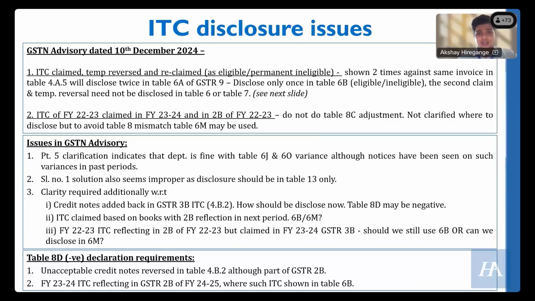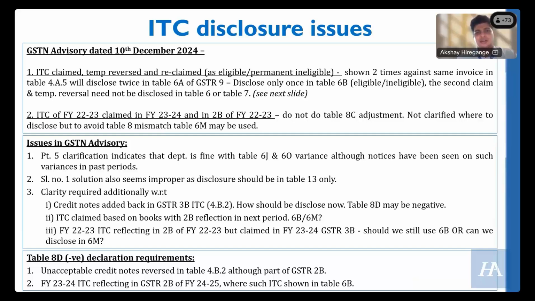So in this situation, if it is an unacceptable credit note, please keep in mind, department will ask you to prove that you have not reversed your ITC. And to this extent, they may harass you to make the payment, but ideally they must go to the supplier and ask him to add back his liability. There could be situations where the original invoice and the subsequent credit note both were not accepted in 2B.